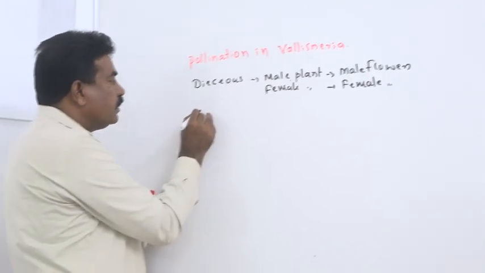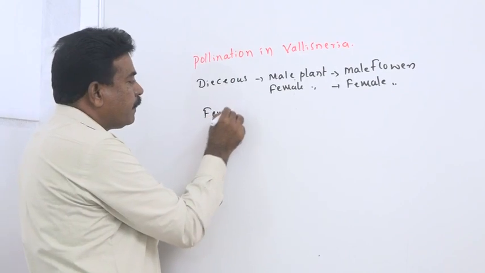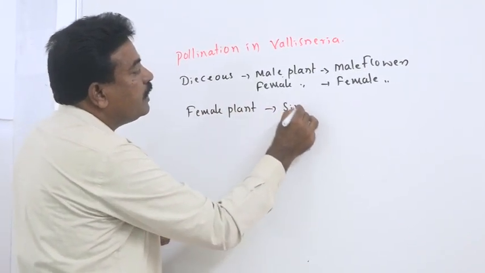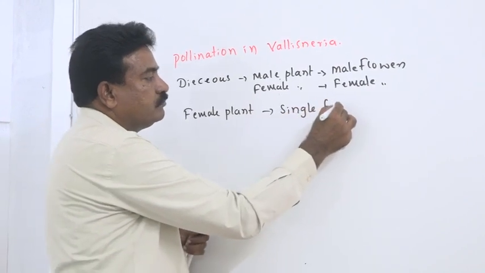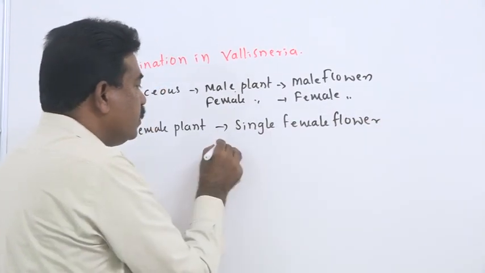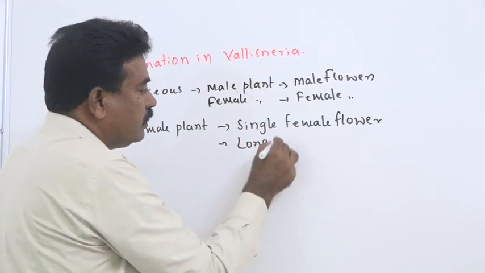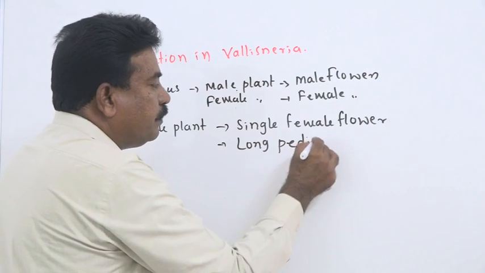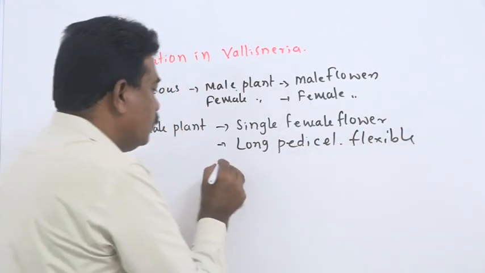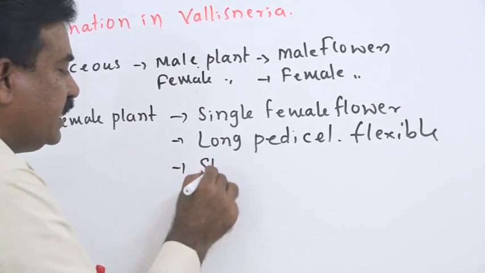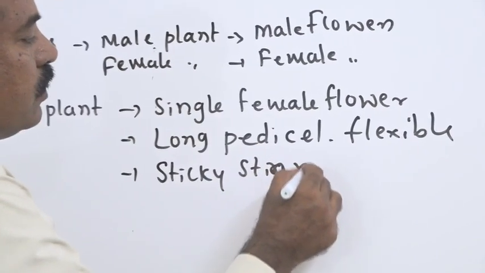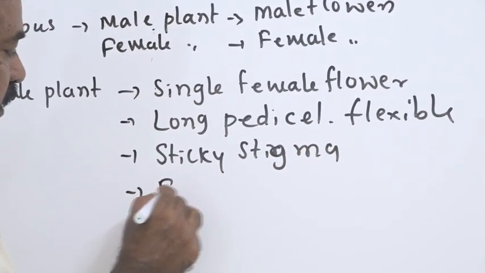If you consider the female plant, that female plant has a single female flower with a long pedicel, and that pedicel is also flexible, with a sticky stigma, floating on the surface.